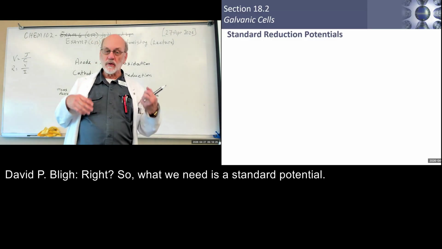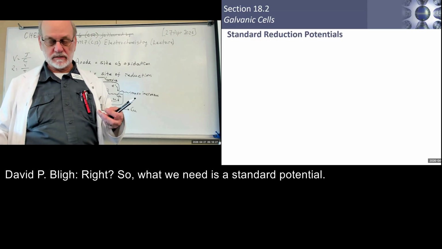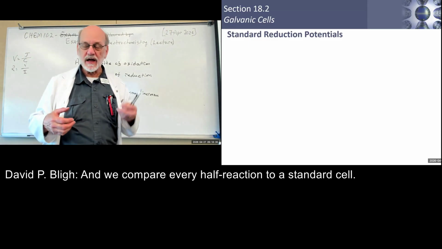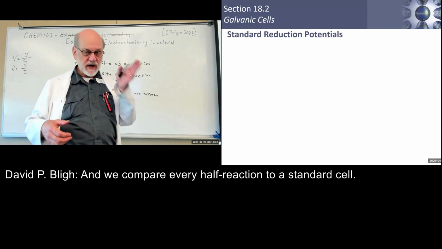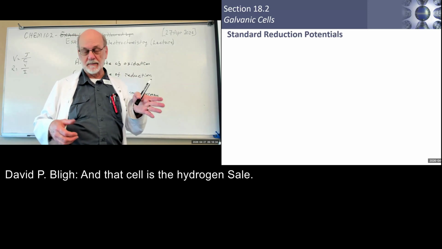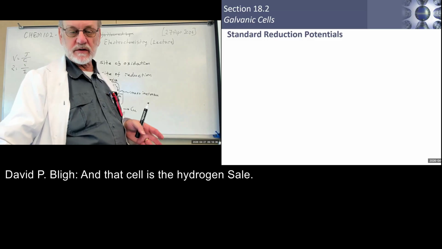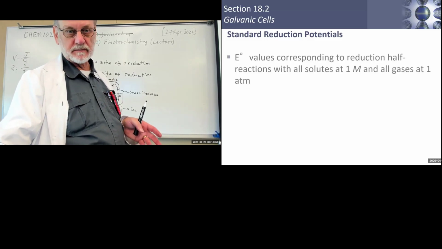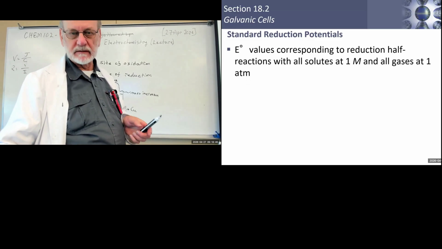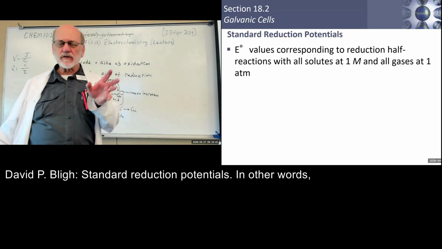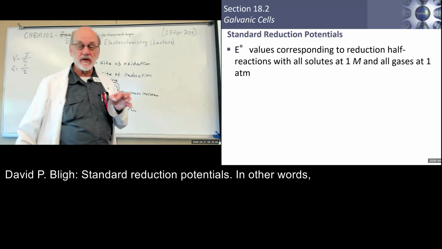So what we need is a standard potential. And we compare every half reaction to a standard cell. And that cell is the hydrogen cell. Standard reduction potentials.